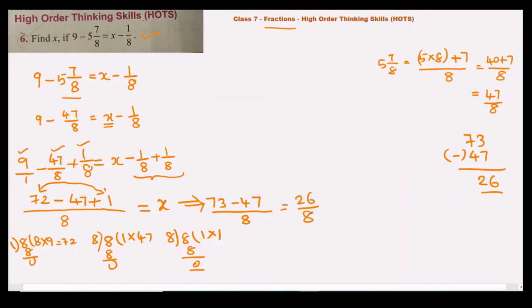Now I am cancelling 2 fours are 8 and 2 thirteens are 26, so 13 by 4 is with us. This is an improper fraction, so I am making it a mixed fraction. I divide 13 by 4: 4 threes are 12, remainder is 1, so this is 3 1 over 4. So the final answer is 3 1 by 4. I hope you understood this explanation.